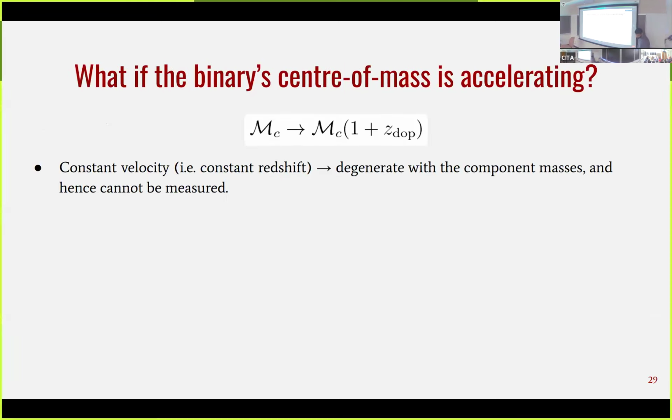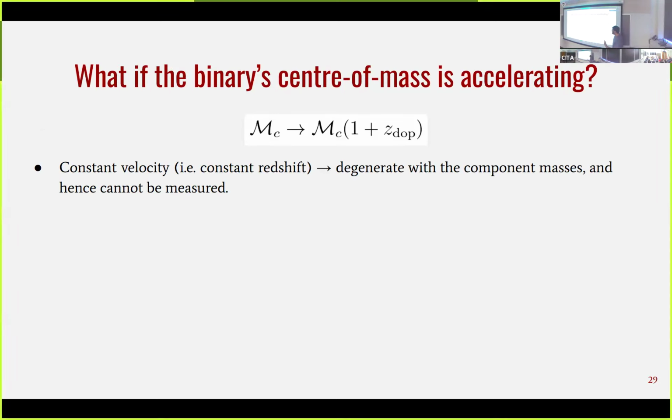So if you have a constant velocity, the thing that you measure in your detector will still be a constant, because it's a constant in the intrinsic parameters, and then you multiply it by another constant, 1 plus z Doppler, and you get a constant chirp mass that you see in your detector.